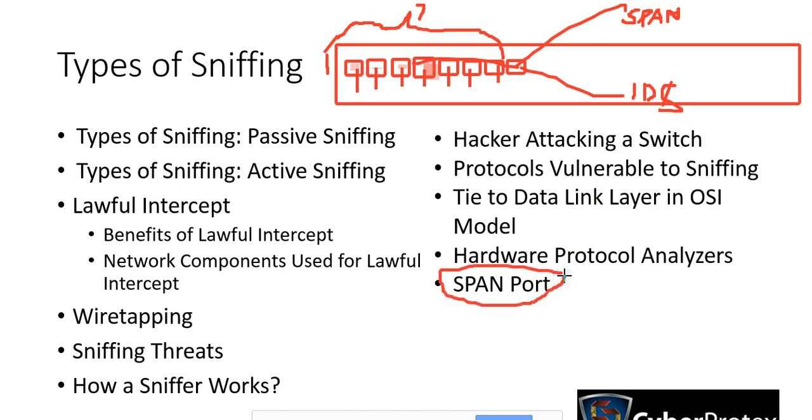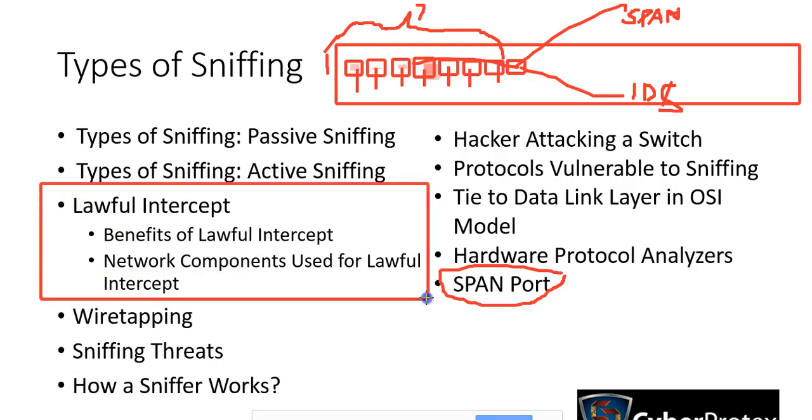Now, it's pretty cool the way that some of these IDSs work. I remember when I was at a large government contractor, we actually had a product that did this right here.